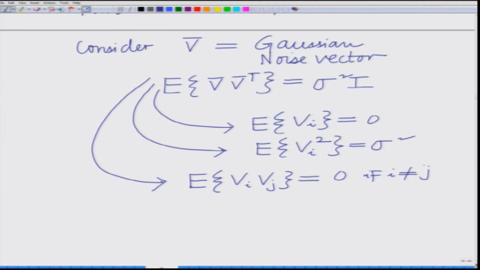If i is not equal to j, noise samples at two different antennas are uncorrelated, correct.